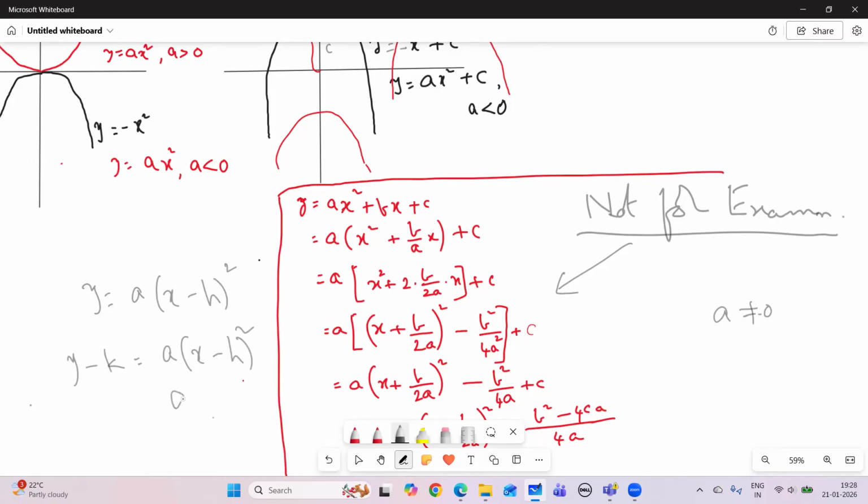So when a is negative, because this is greater than or equal to 0, this becomes less than or equal to 0. That is the reason why for a negative, the graph is coming into this shape. It is reversing, compared to y equal to x square. It becomes the mirror image of y equal to x square, and then this is shifting.